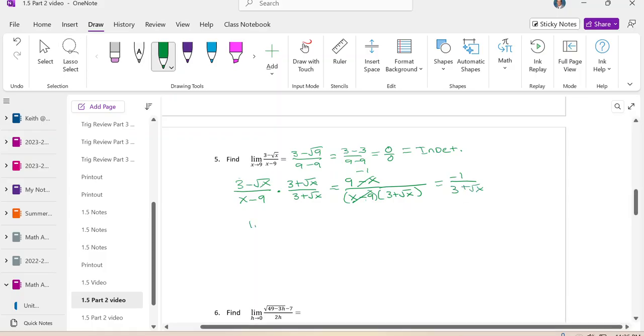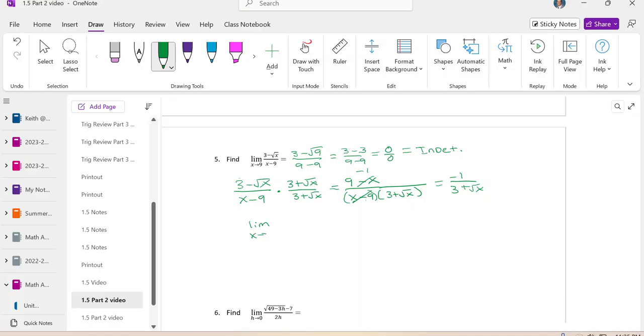So when we take the limit as x approaches 9, we are now taking it of negative 1 over 3 plus the square root of x. So it's negative 1 over 3 plus the square root of 9. Negative 1 over 3 plus 3, which is negative 1/6.